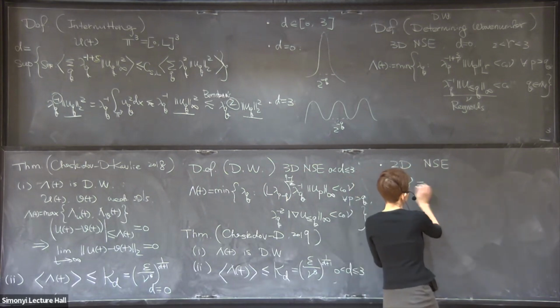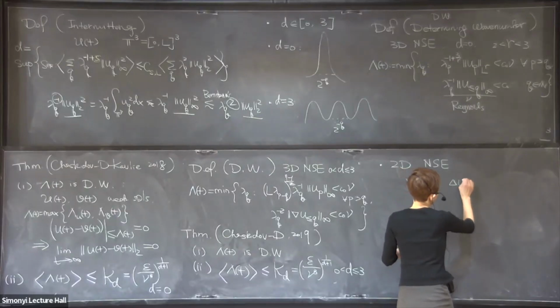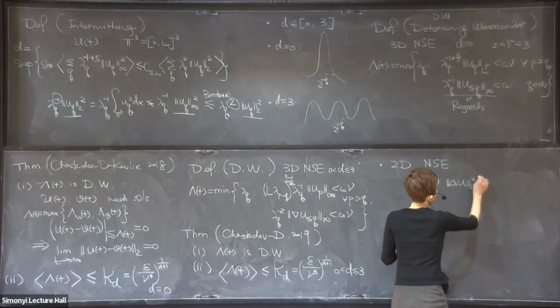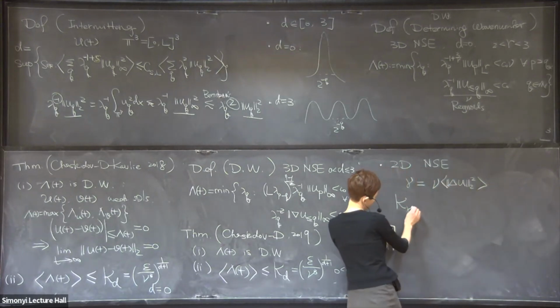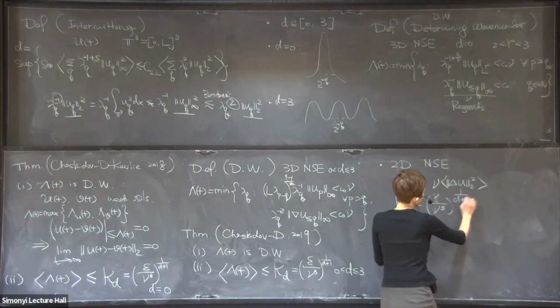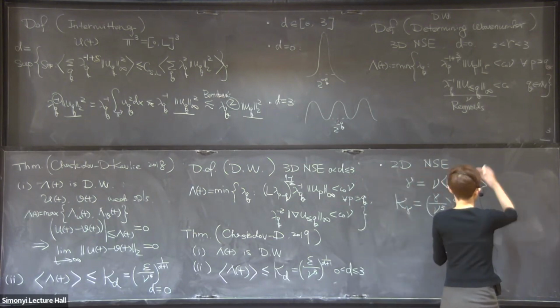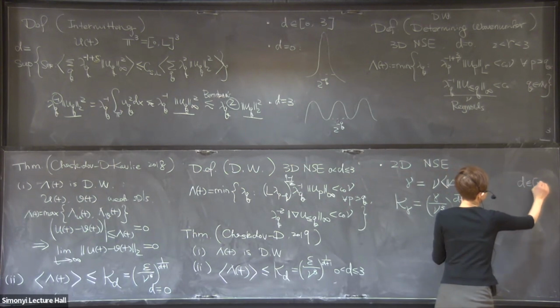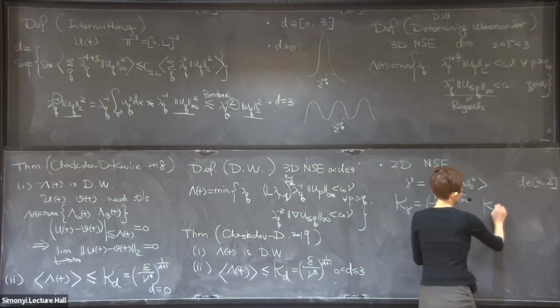So we define the dissipation, the Laplace, and there's the criterion number. And again, the intermittency dimension for 2D flows, d is from 0 to 2.